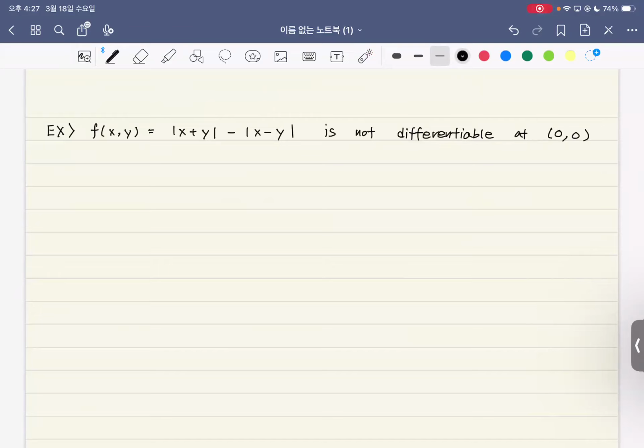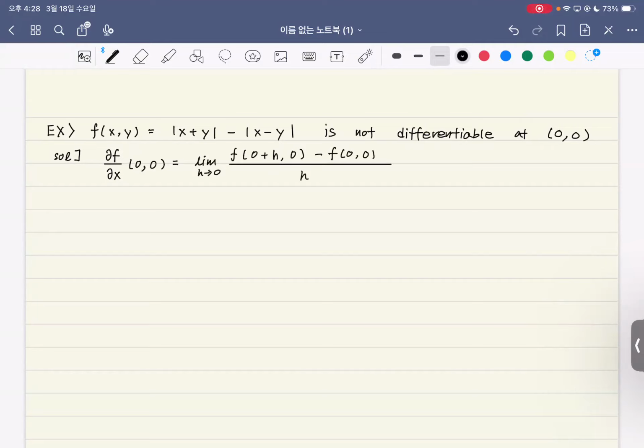And to find LH, first I will try to find the partial derivative of my function at the origin. By definition, the partial derivative is f(h, 0) minus f(0, 0), everything over h.